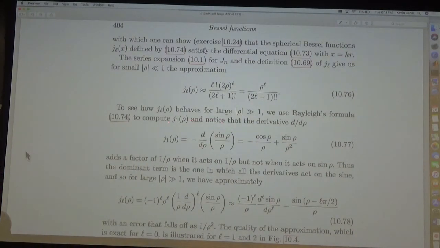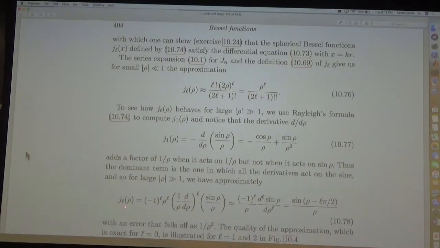If we just look at j1 to start with, it's d by d rho of sine rho over rho. And so what happens is that when the rho derivative hits sine, it just changes sine into cosine or cosine into sine. But when it hits the 1 over rho, it brings down an extra factor of rho, and so this is much smaller at large rho.